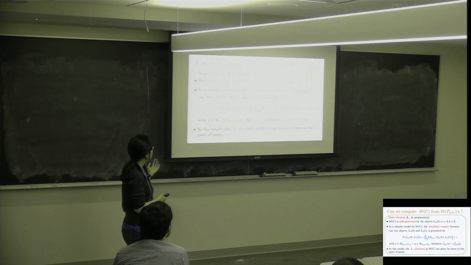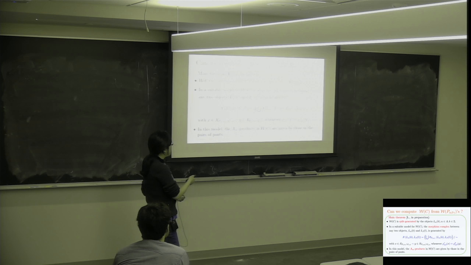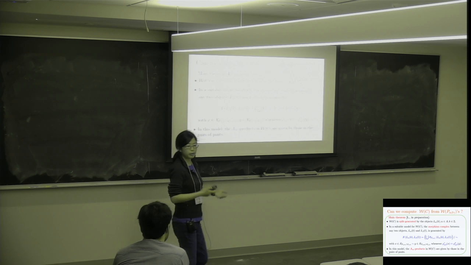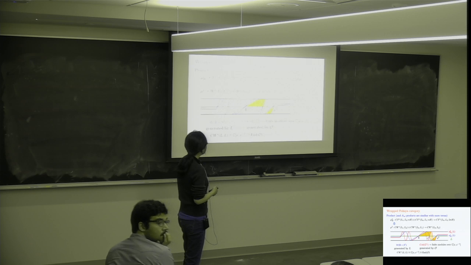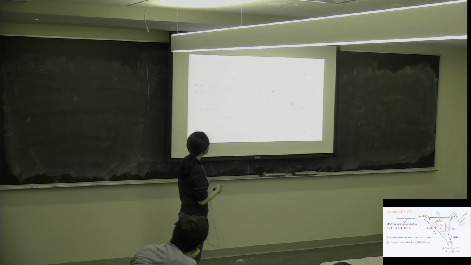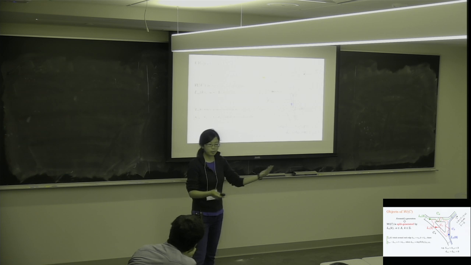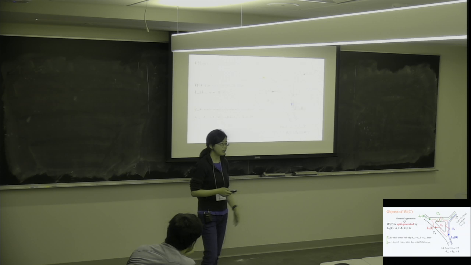So now we want to think about how to compute the wrapped Fukaya category of the big Riemann surface from the wrapped Fukaya category of each of the pairs of pants. Well, one thing you can do is take the Lagrangians that we have here and compute by brute force, counting all the triangles and the polygons and so on.